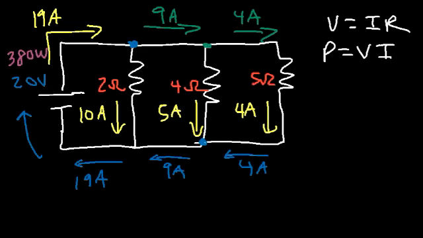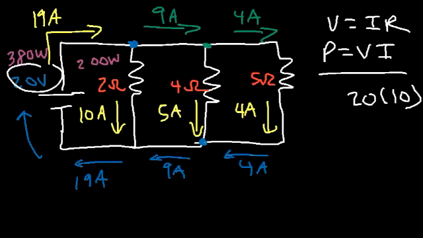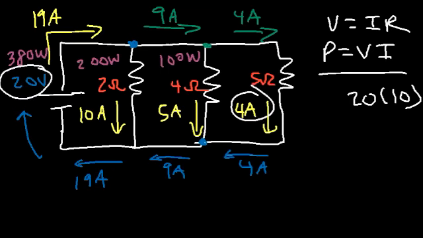So the 2 ohm resistor absorbs 200 watts of power. Now for the 4 ohm resistor, it's going to be the voltage of 20 volts times 5 amps. So 20 times 5, that's 100 watts of power. And for the last resistor, it's 20 volts times 4 amps, which is 80 watts of power.